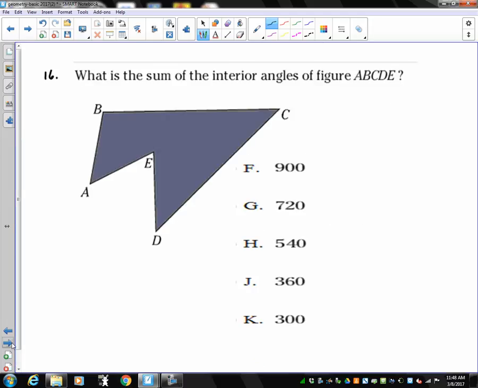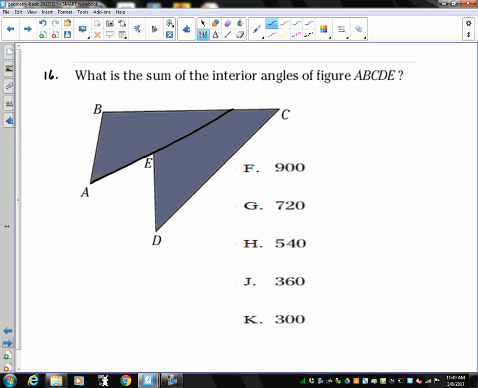Okay, on number 16, the question is, what is the sum of the interior angles of this figure? Notice it is not a regular polygon, so I'm going to use my strategy here. What I'm going to do is divide this into triangles. I see a little shortcut: I can just extend this line right here, and that'll be parallel with that one.